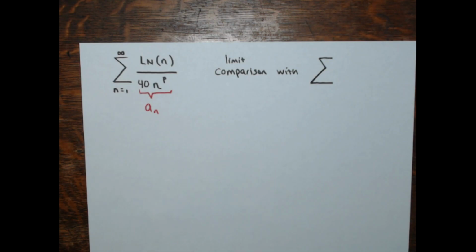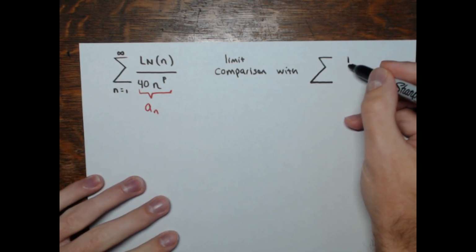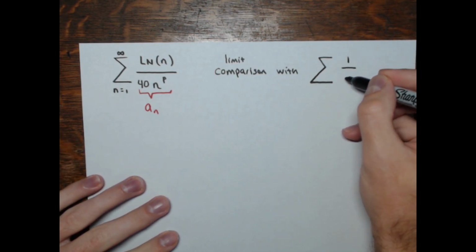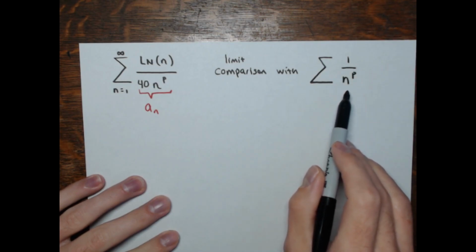Actually, yeah, if I do that, that'll be a bit of a problem. Let's see what happens. Let's see if I just do a limit comparison with something like that, just a p series.